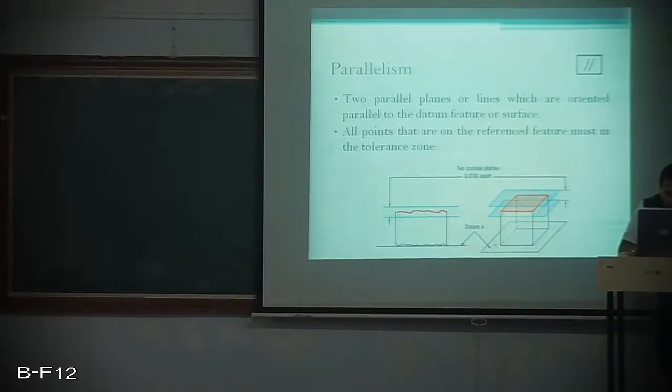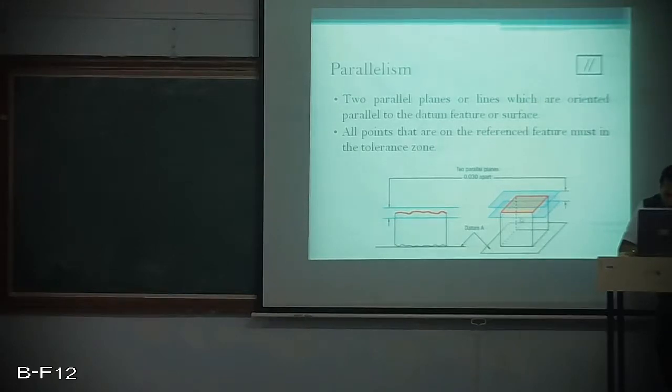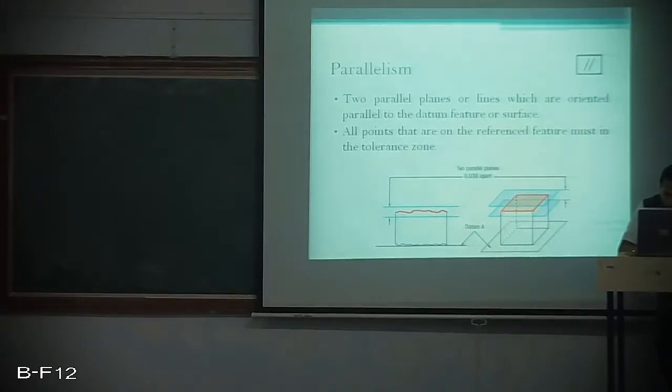That means this I have taken as a reference plane which is completely straight, and this surface has to be parallel with this within a tolerance of 0.030, and this surface tolerance zone is represented by two parallel planes which are separated by 0.030.